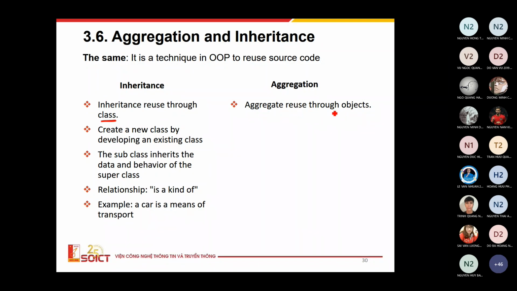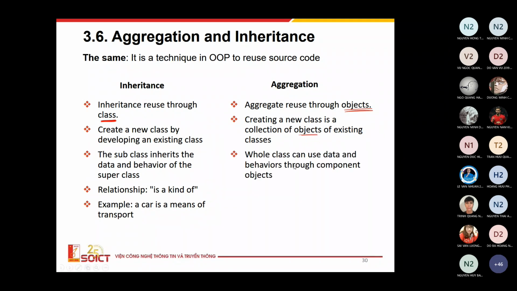The aggregation reuses through the object. They use objects in the class definition. In inheritance, we create a new class from an existing one, and here we create a new class by the collection of objects of the existing class.